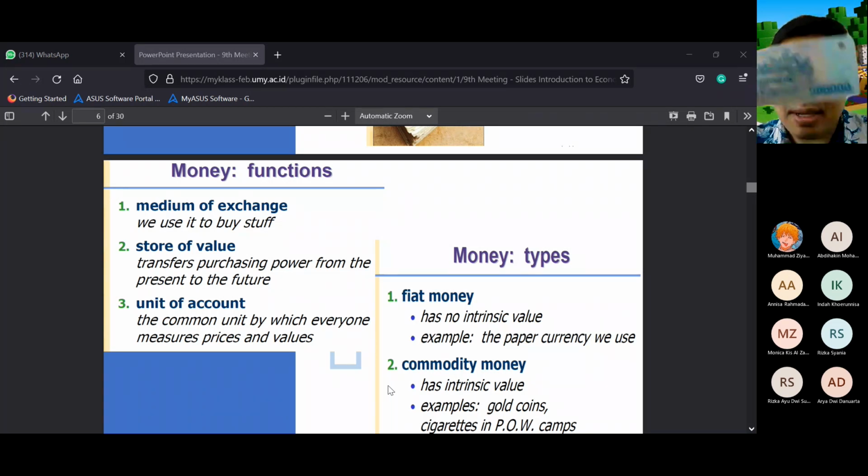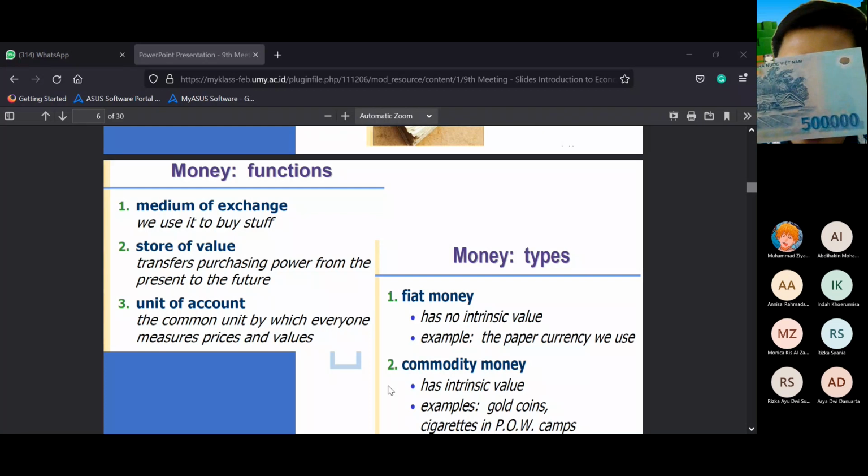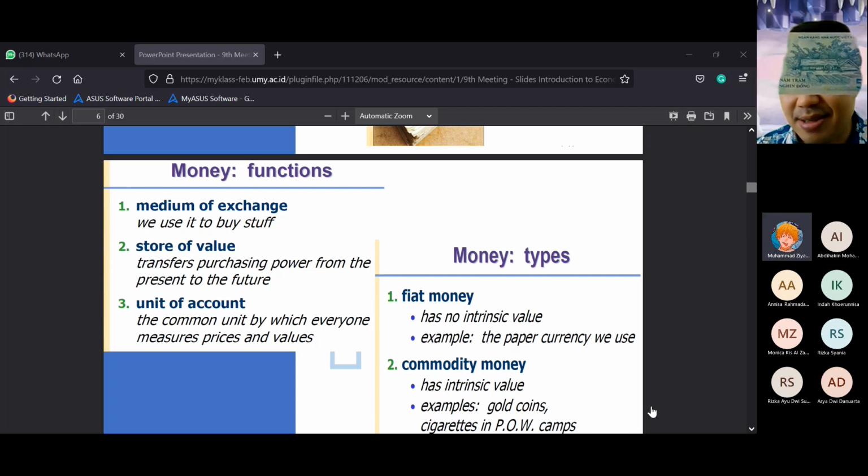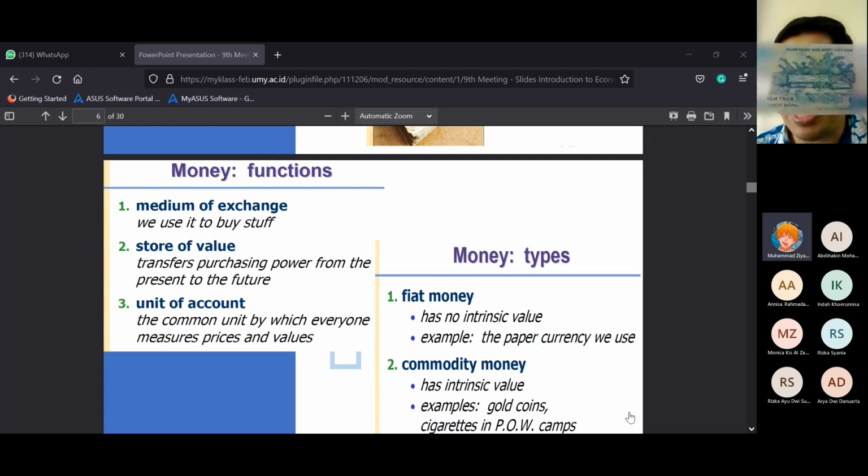Here, Zian, can you see the numerical number on the money? How much, Zian? 5, sir. Huh? Number, sir. Yeah, how much? I cannot see, sir. You cannot see.